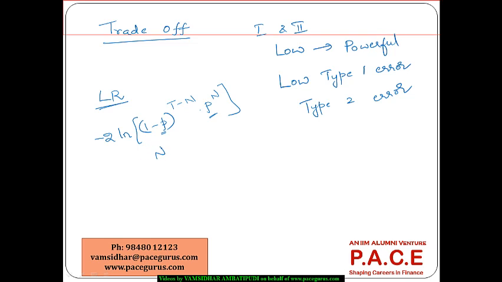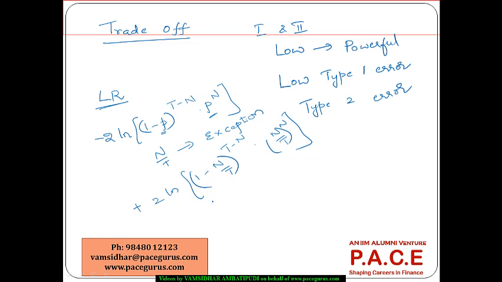Whereas N by T is the actual number of exceptions. So it is plus 2 times log of (1 minus N by T) to the power T minus N, into (N by T) to the power N.